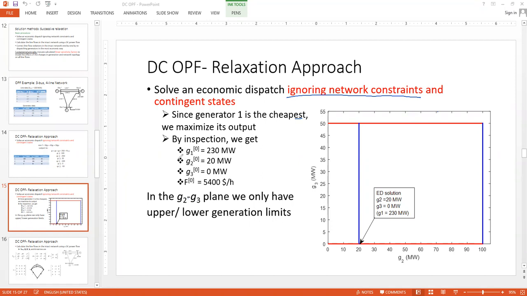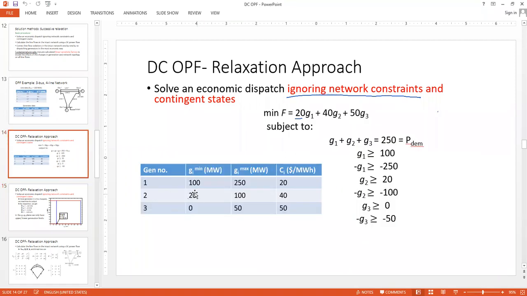Then we take the feasible solution space. What is the feasible solution space? How much can we take minimum from G2? The minimum G2 I can take is 20. So this is the limit for G2. Let's check again: the minimum I can take for generating unit 2 is 20, and the maximum I can take is 100.